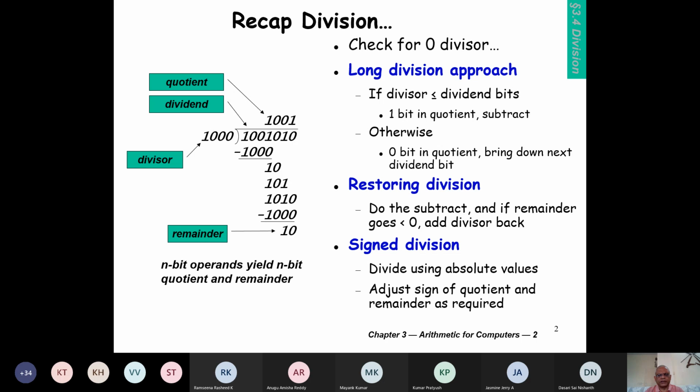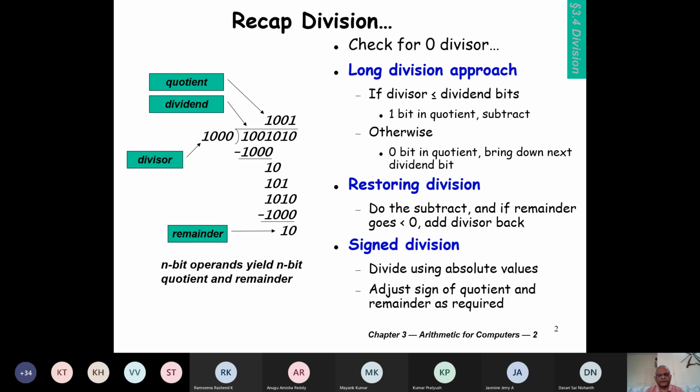If the divisor is less than the most significant bits of the dividend, then we write 1 in the quotient and perform the subtraction. In each step, we bring down one bit from the dividend and then try the subtraction.